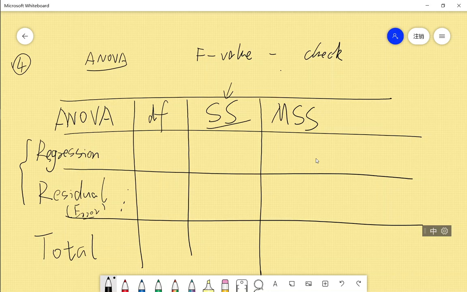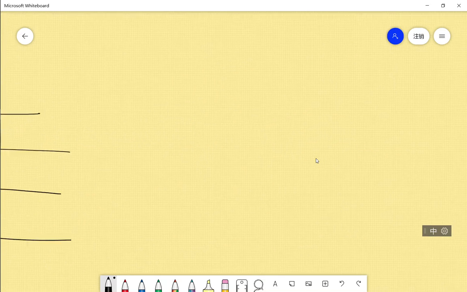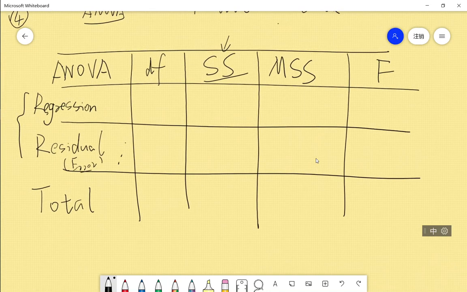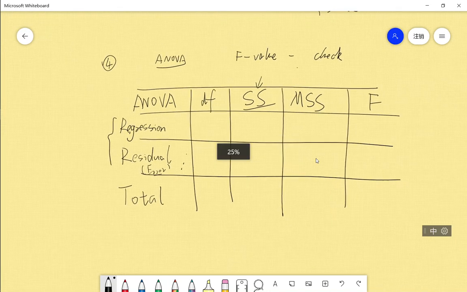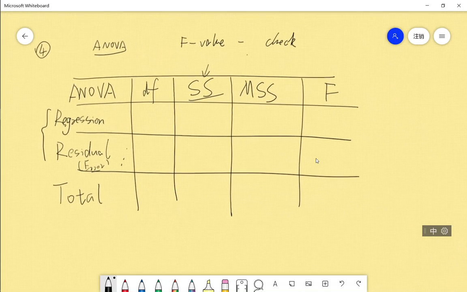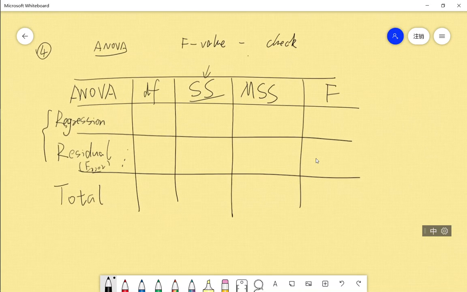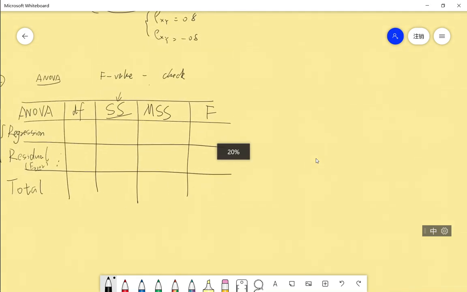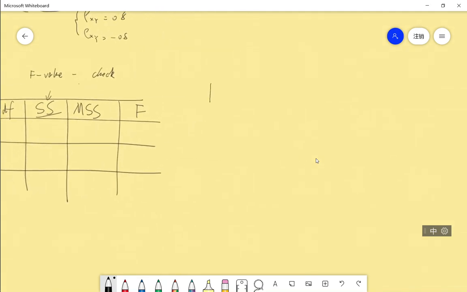Once you have the MSS of regression and residual, you can calculate the F statistic directly here. That's pretty much how you will see the ANOVA table if the exam mentions it. And there are some formulas you need to memorize as well. From the definition point of view, you have the F value.